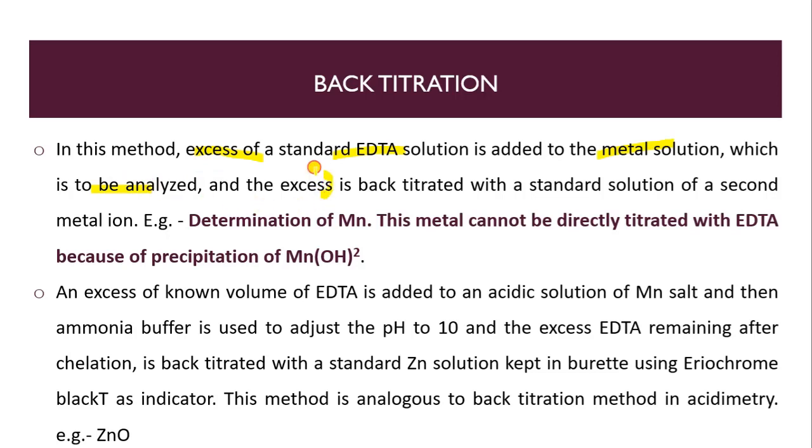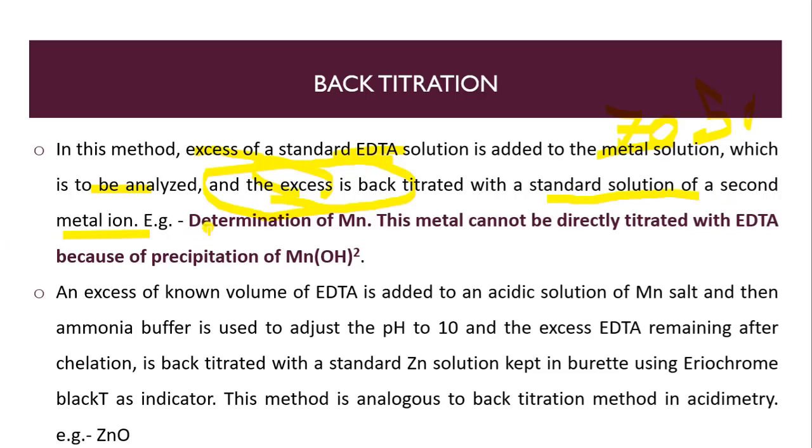Excess means, for example, if we add 100% EDTA solution and 70% EDTA is already consumed by the metal ion, there will be 30% which is unreacted. The excess is back titrated. This 30% will be back titrated with a standard solution of a second metal ion.